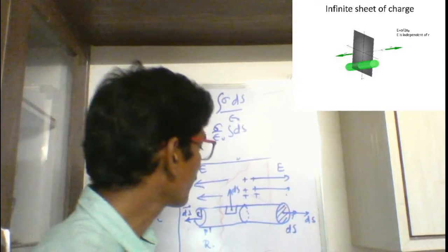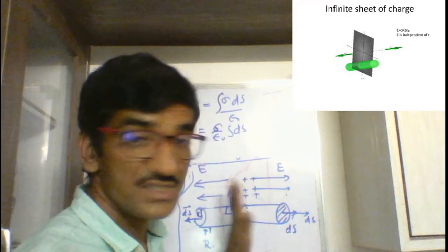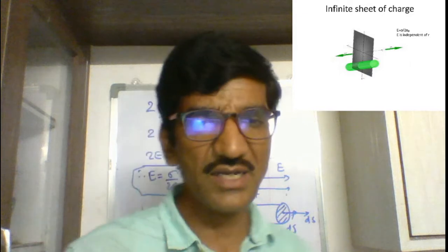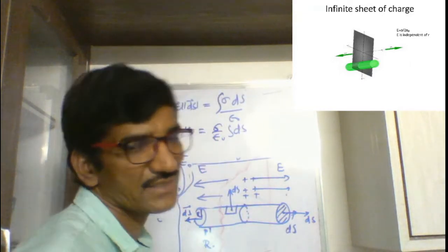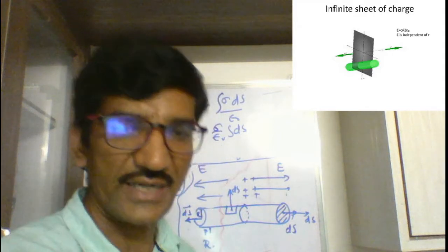Here this sheet of charge is extending up to infinity. Why are we imagining an infinite sheet? Then only this formula will be correct, wherever you go.